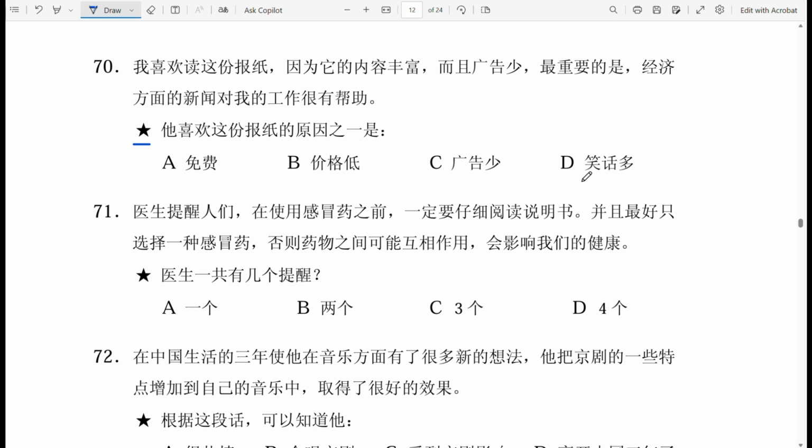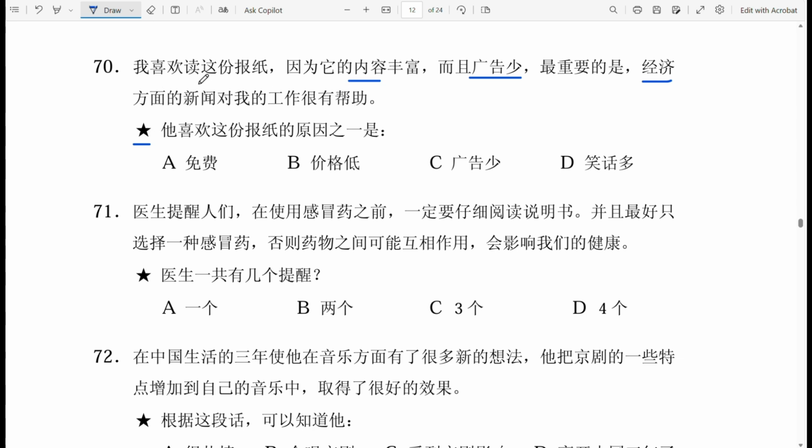So we are talking about why this person likes to read newspapers. So the paragraph says 我喜欢读这份报纸因为它的内容丰富而且广告少最重要的是经济方面的新闻对我的工作很有帮助.